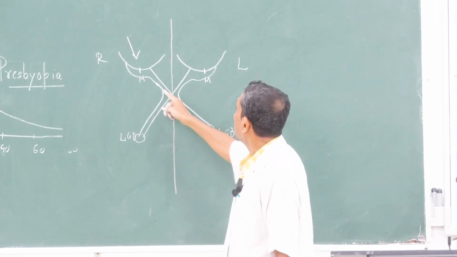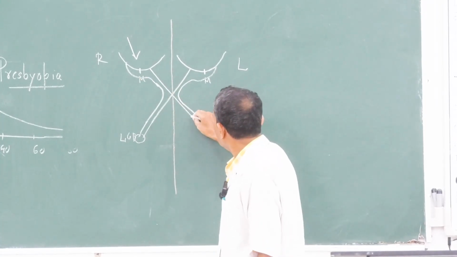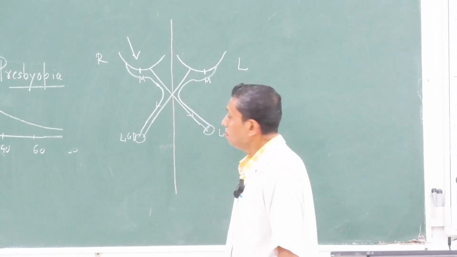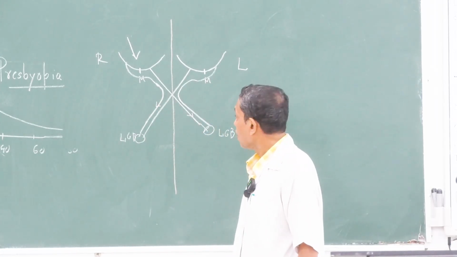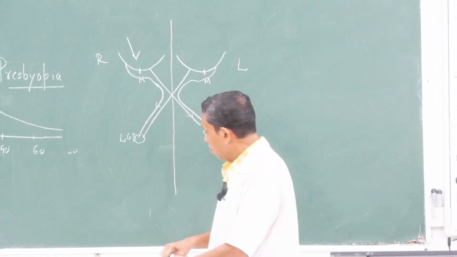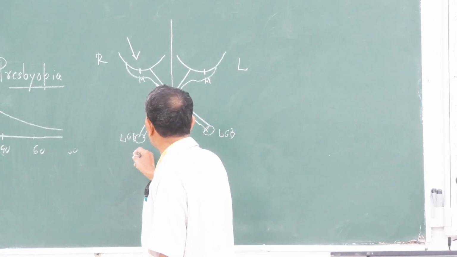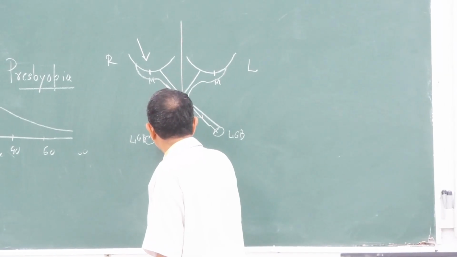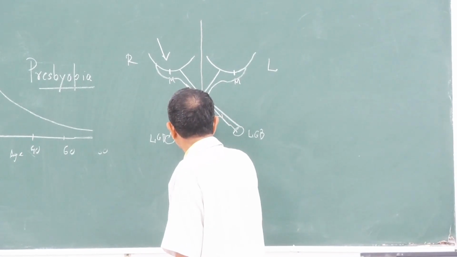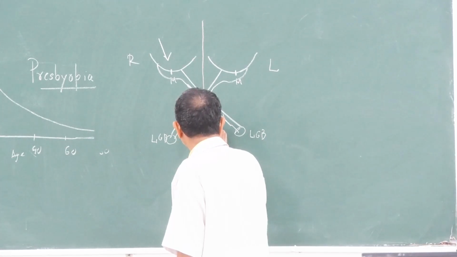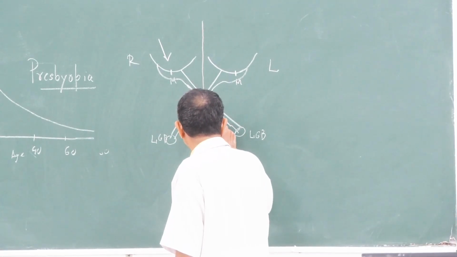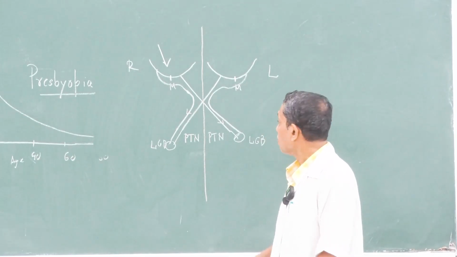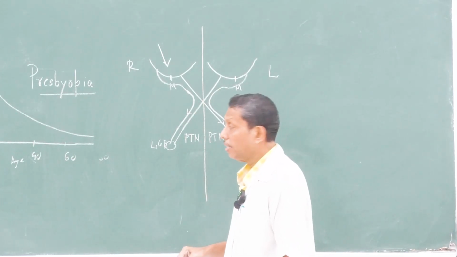Before going into the lateral geniculate body, fibers will come to the pretectal nucleus or pretectal region of the midbrain, on both sides.